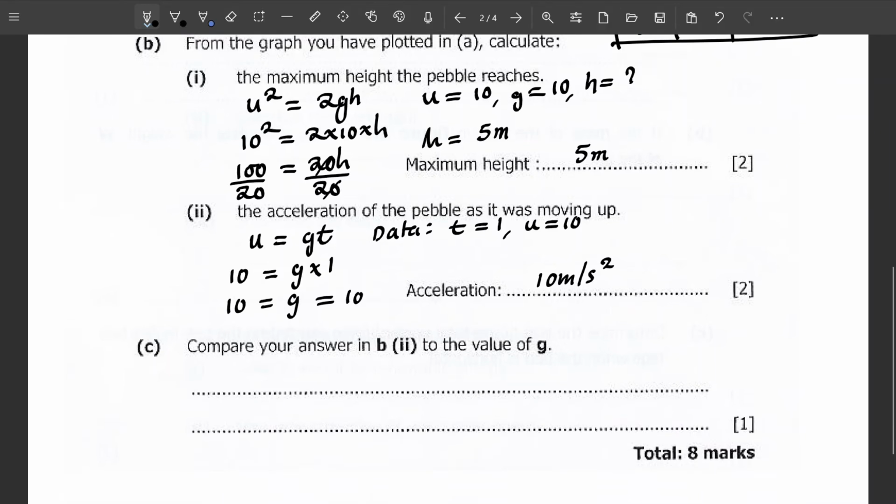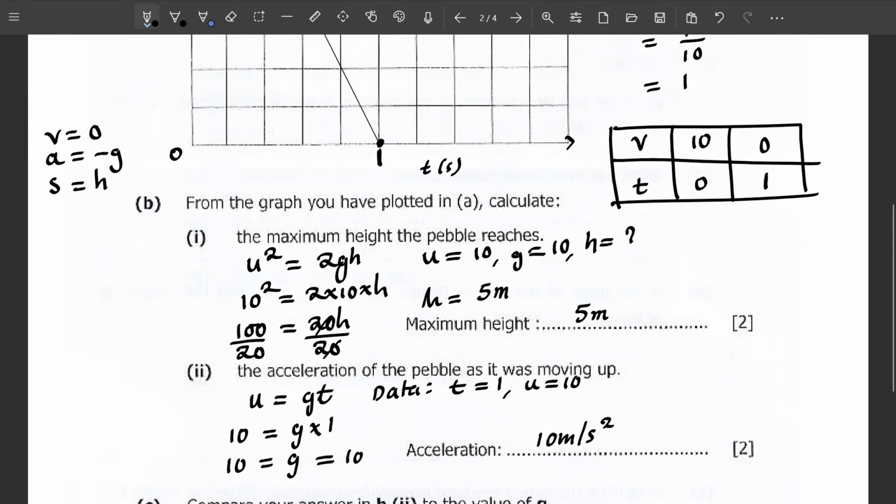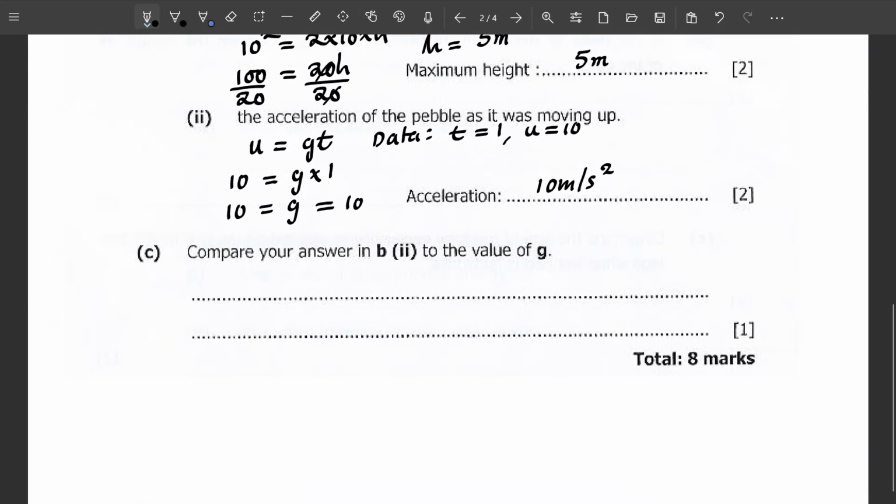Okay. Then compare your answer in b to the value of g. If I compare, they are the same, unless I don't know how to solve this question at this level. But from what I can see, I've solved it well, and the values are the same.